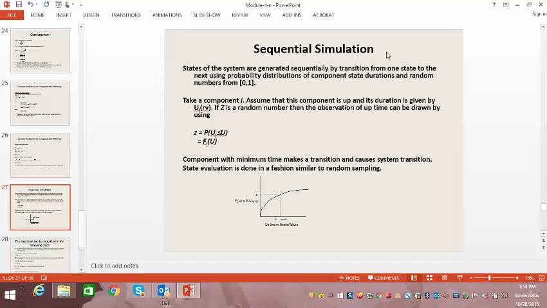When, however, there are dependencies, then it becomes more difficult to use the random sampling, and therefore we try to use the sequential Monte Carlo simulation.